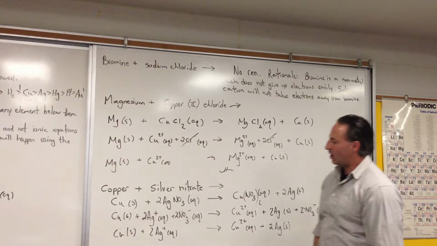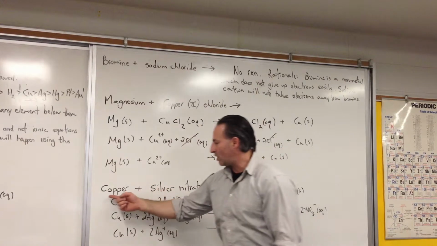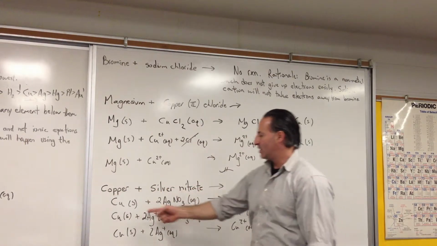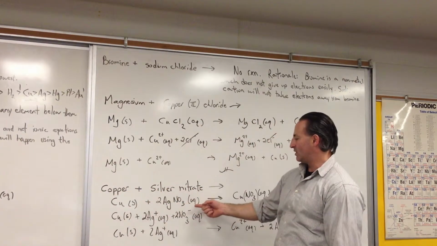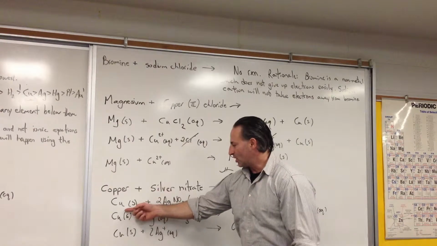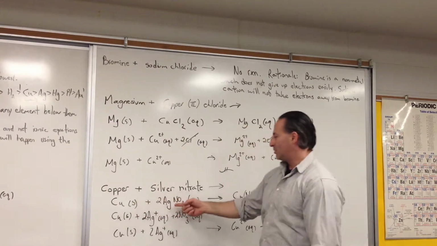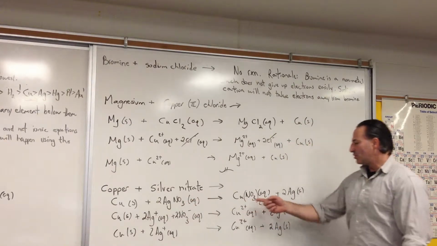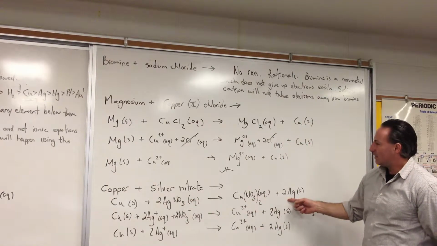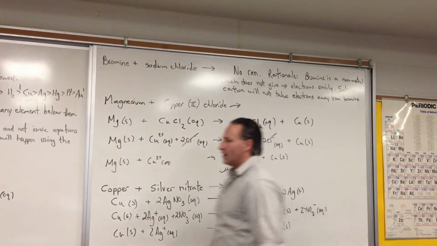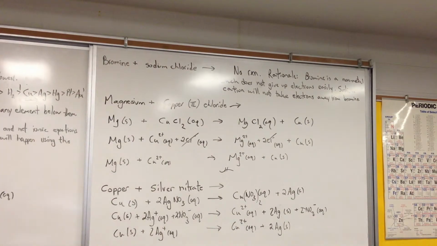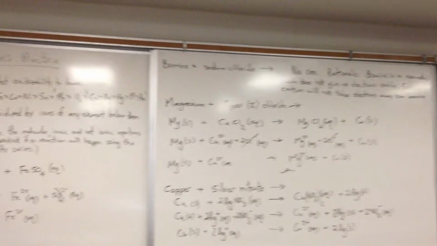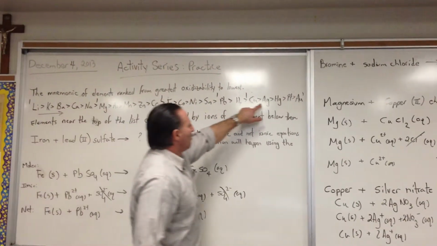Again, with copper and silver nitrate, we have elemental copper reacting with silver nitrate. Here is the representation of it in a symbolic form. Copper solid, which means elemental copper, reacting with silver nitrate, should give you cupric nitrate and elemental silver. If we go back to the activity series, we'll see that copper is higher up than silver.